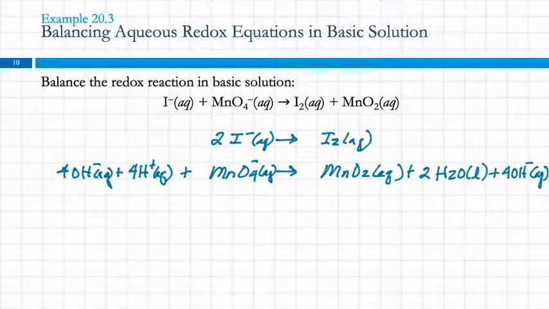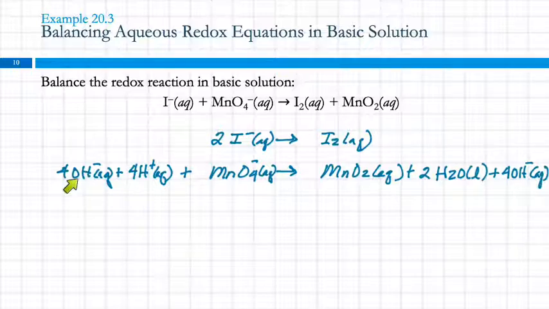Now you can do all of your simplifying at the end, or you can do some simplifying as you go along. And I prefer to simplify a little bit as I go along. So 4 hydroxides and 4 hydrogen ions, those are going to neutralize each other and make what? Water. How many water molecules? 4.